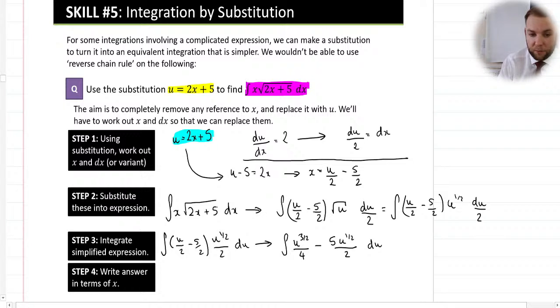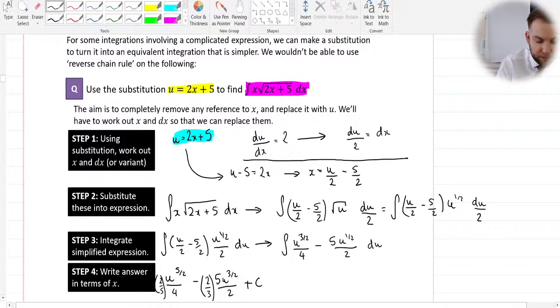Well, u to the power of 3 over 2 is going to be u to the power of 5 over 2 over 4, well then times that by the reciprocal of this, so times by 2 over 5, or you could say divide by 5 over 2, minus 5u to the power of 3 over 2, raise the power, and then divide by the power, or times by the reciprocal, so times by 2 over 3, not forgetting plus c.